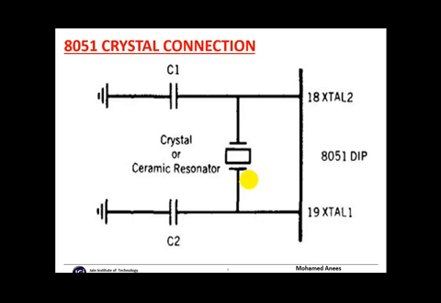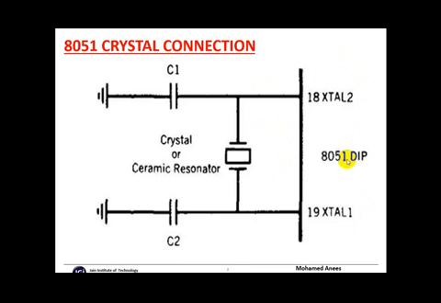When you connect this crystal, it is connected to the clock circuitry of 8051, which is inbuilt in the 8051. Now remember the terms: crystal frequency is different, clock frequency is different. This crystal frequency is internally divided by 12 by the 8051 clock oscillator.